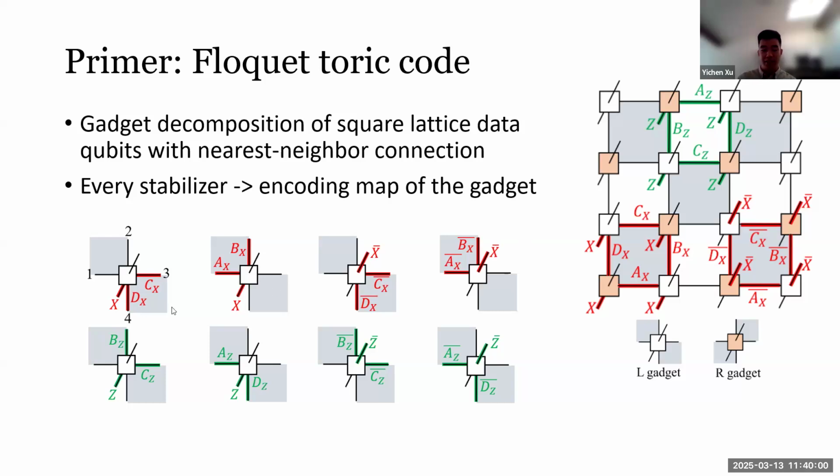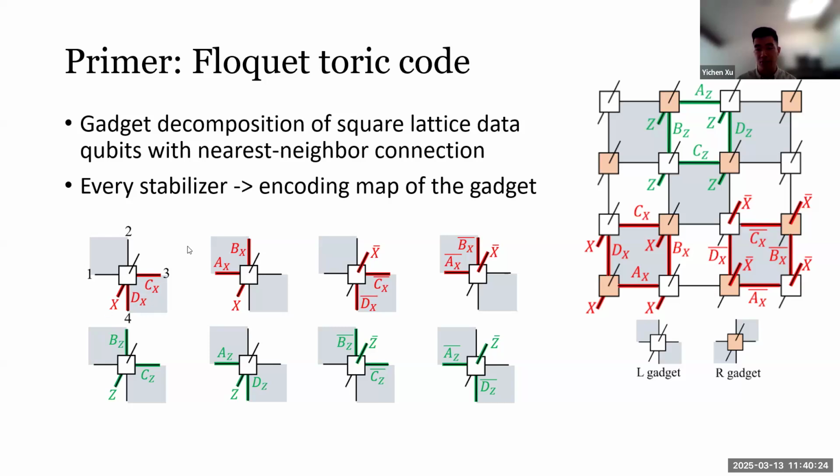If you're standing on this gadget, you know that you need to produce these 8 operator maps. With an incoming X, you look around and find there's an X stabilizer to your bottom right. So I have to reproduce C and D on these 2 directions, 3 and 4, that I denoted.